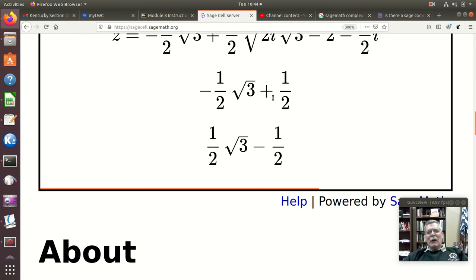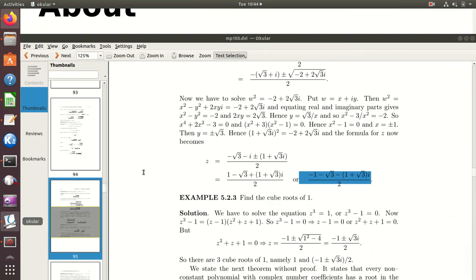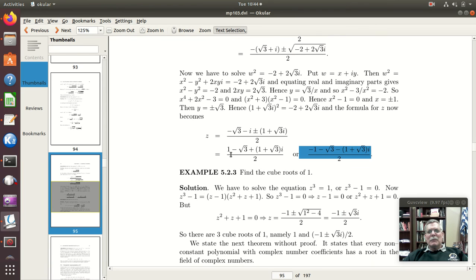This had a negative on the square root of 3, and then a plus 1/2. And then this has, what, a plus square root of 3 and a minus 1/2? Is that what they had? They have a plus on both.